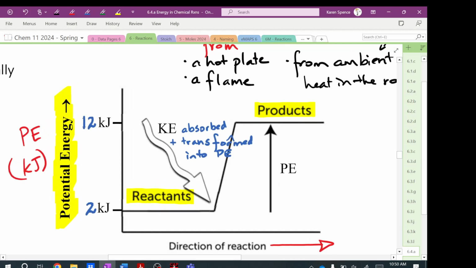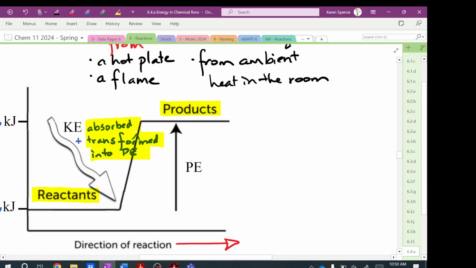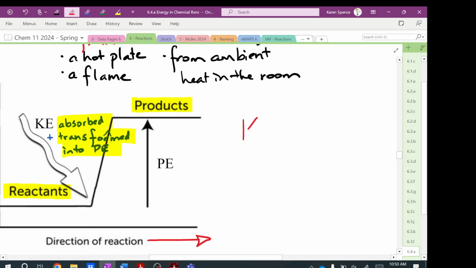What's going to happen if our kinetic energy is absorbed and transformed into potential energy? What will happen to our temperature? So kinetic energy is transformed into potential energy. In other words, kinetic energy is turning into potential energy.